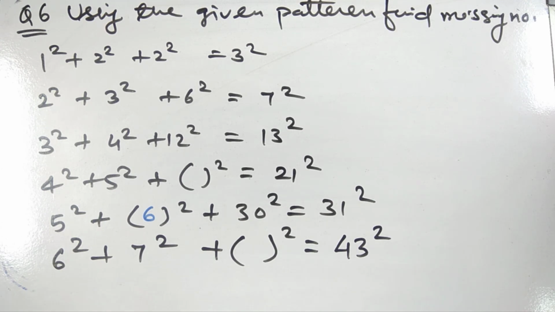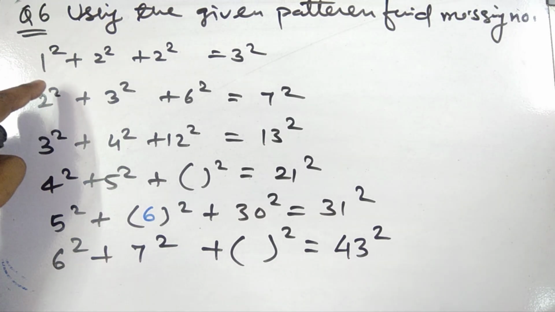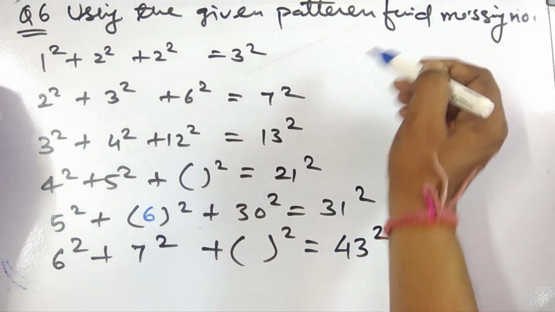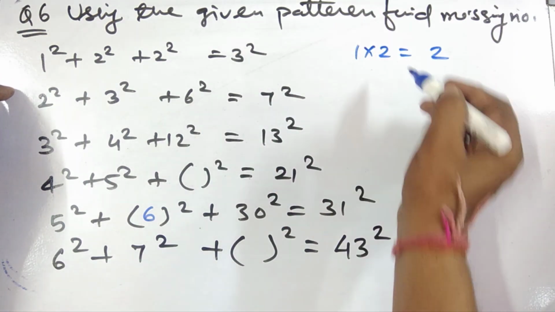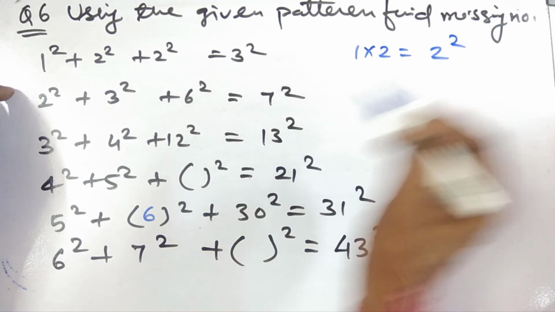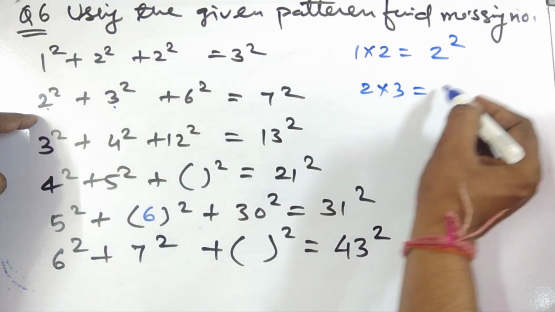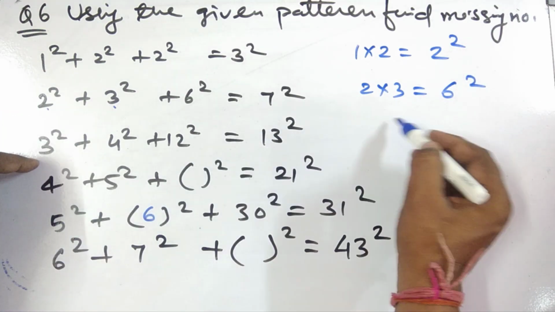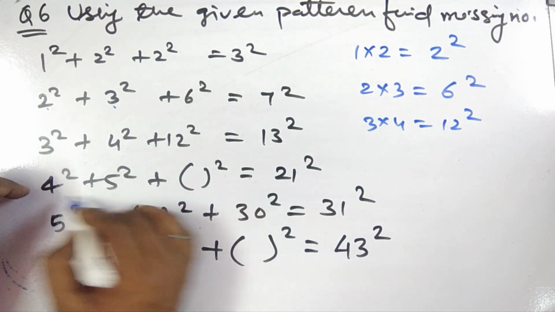What about the third number, students? The third number is the multiplication of the first and second number, except the square. First number 1, second number 2, multiplication of this is 2 square. Then 2 into 3 is equal to 6 square. Then 3 into 4 is 12 square.